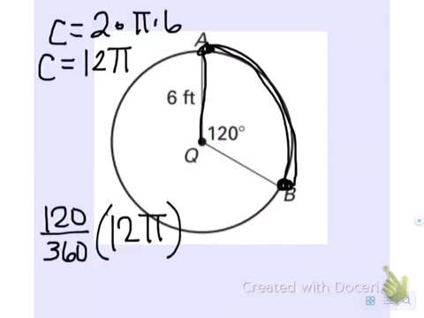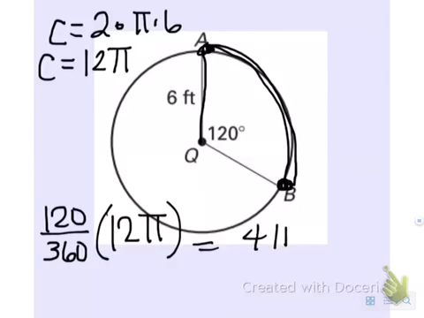So the arc length is going to be the part of the circle, which is 120 over 360. If I put that in my calculator using the fraction button, I put 120 over 360, and then I use parentheses, 12 pi to show multiplication. And it tells me my answer is 4 pi.